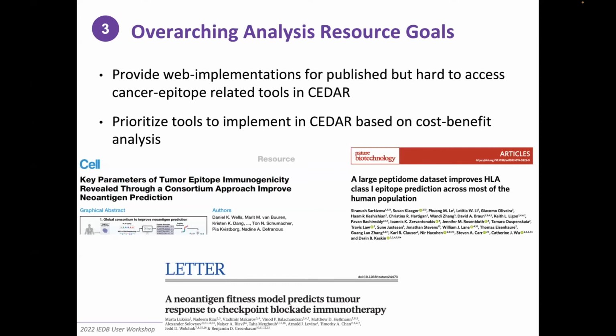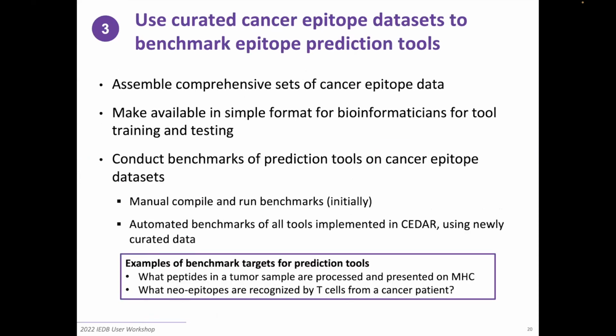Obviously, we can't do everything, so we are reviewing different tools, and we will prioritize based on what resources we have available and in what order different tools will be hosted in the CEDAR database. Another aspect of the analysis resource would be to assemble, leveraging the efforts going on in the database component, a comprehensive set of cancer epitope data and make them available for bioinformaticians so that they can play with it.